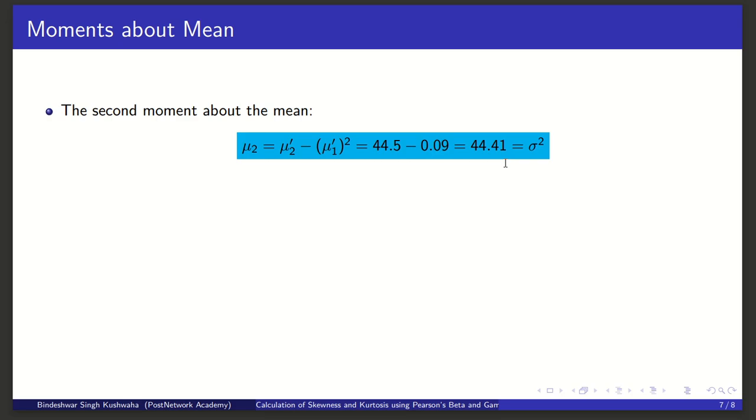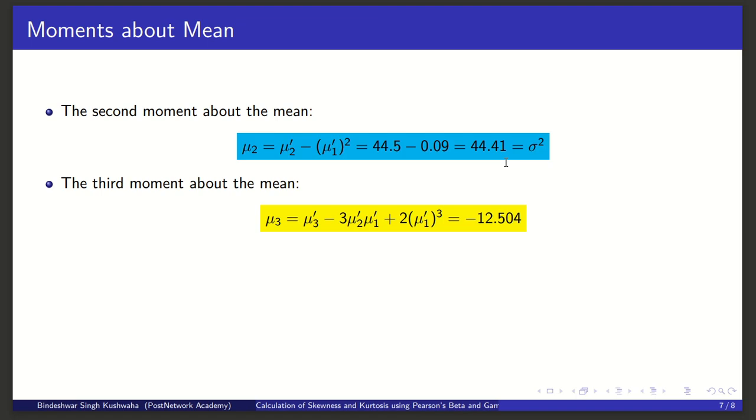And I have already discussed in the previous videos the relationship between central moments and moments about arbitrary points. So mu2 is equal to mu2 prime minus mu1 prime whole square. In the same way, mu3 is equal to mu3 prime minus 3 mu2 prime mu1 prime plus 2 mu1 prime cube, and that would be minus 12.50.